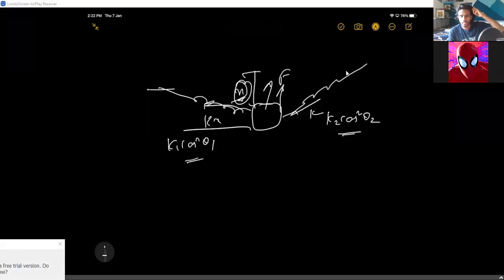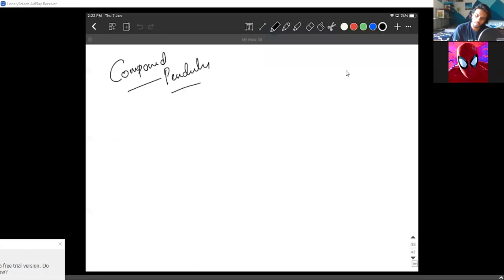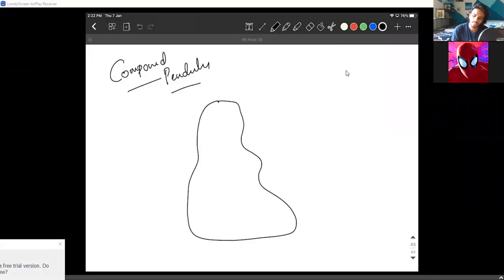Okay. Yes, sir. So let's get back to that compound pendulum thing. I'm taking any random body whose center of mass is here, but we didn't hinge it at the center of mass, we hinged it somewhere around here.